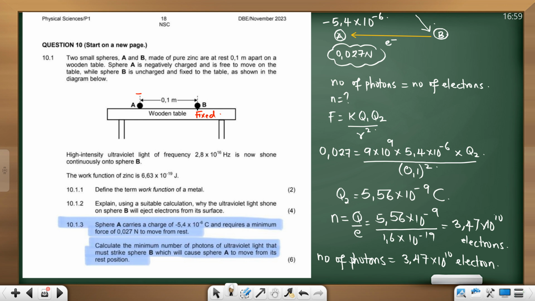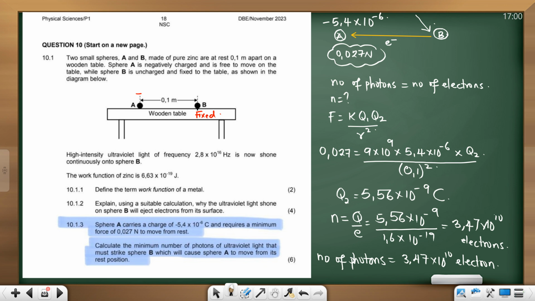The second step, the one is N equals Q over E. The question is, do you know when to use that formula? When you want to calculate the number of electrons. Yes, sir. Good. So we have our Q, and our E is a constant, the charge on an electron.